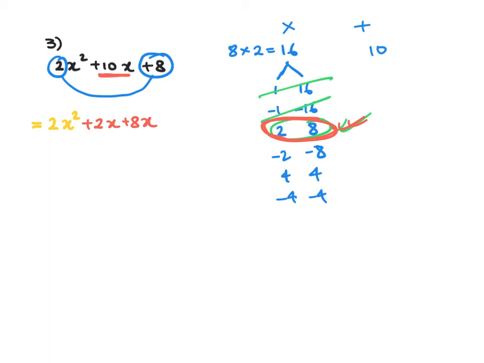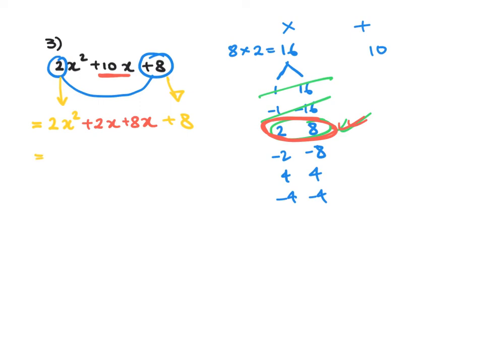And then you copy down the 8, what's left from the previous line. If you ask whether it makes any difference which one we write first, 2x or 8x, no, it doesn't. You're going to end up with the same answer, however you write them.